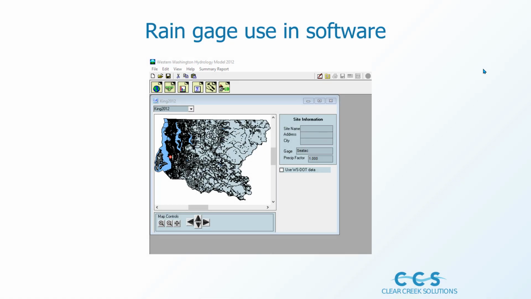For example, in WWHM 2012, there's a map, and where you select on the map is going to indicate what rain gauge is selected. Then, based on where that location is selected within that rain gauge area, there's a precipitation factor that's applied for elevation, wind, and other parameters that are important when it comes to measuring rainfall. When you select a location on the map, that is the rain gauge used.